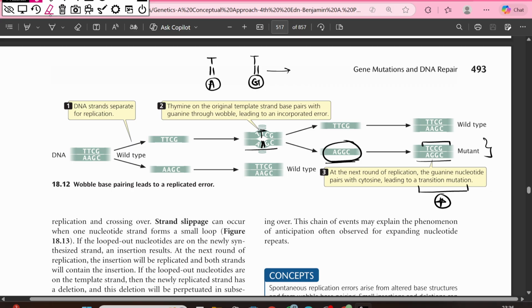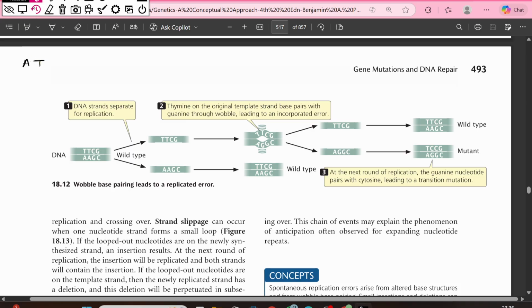So I'll again explain it. What is happening? Suppose we have this sequence, TTCG. Now what should be the complementary strand to it? It should be A, A, G and C. Now suppose, because of the flexible nature of DNA, this A does not incorporate, and rather than this there is a G incorporated.